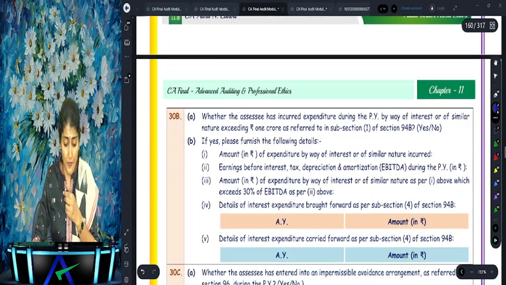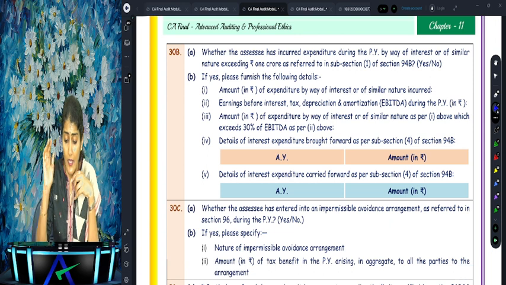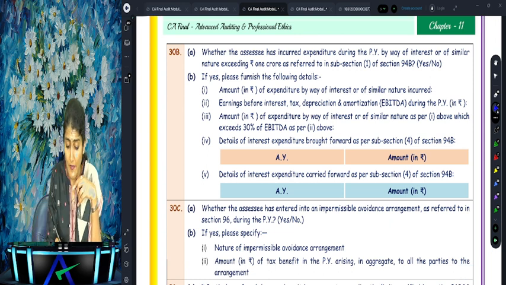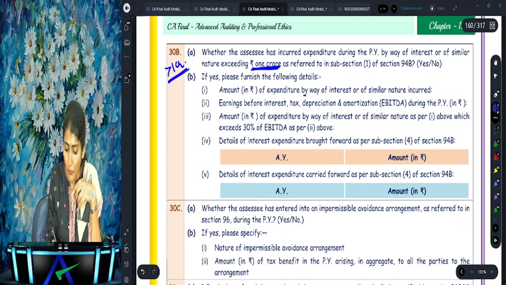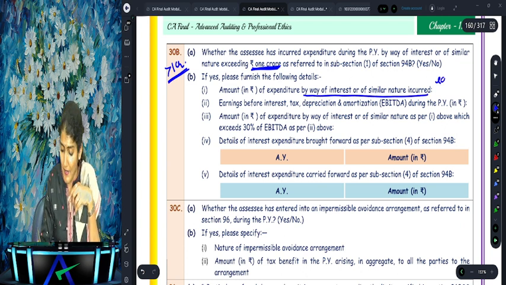Right. Then you have the 30B, which is regarding the limitation on interest deduction. When is it applicable? For exceeding 1 crore. Then what does it say? Amount of the interest expenditure. In my example, how much was it? 40 crore. How much was the EBITDA of the company? 100 crore.